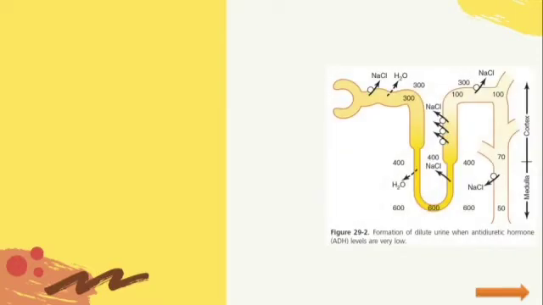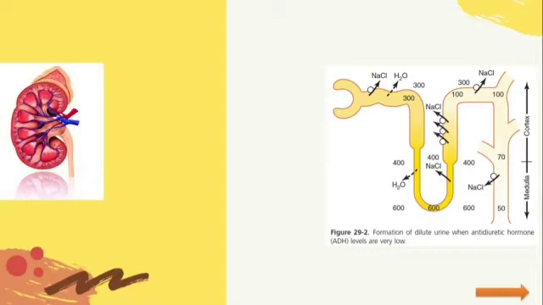Remember that the glomerular filtrate, when initially formed, has an osmolarity about the same as that of the plasma, which is 300 milliosmoles per liter. Now let's go to the renal mechanisms for excreting dilute urine, and what happens in the renal tubules during this time.